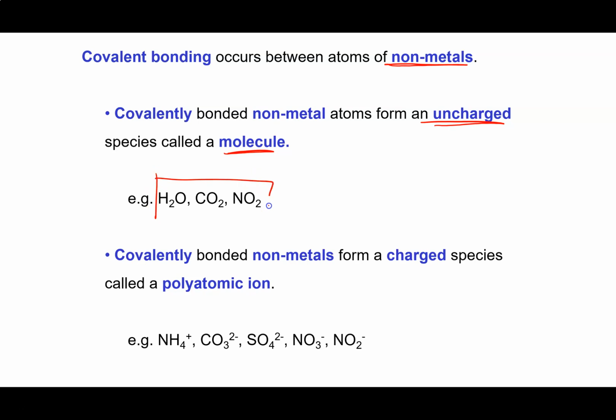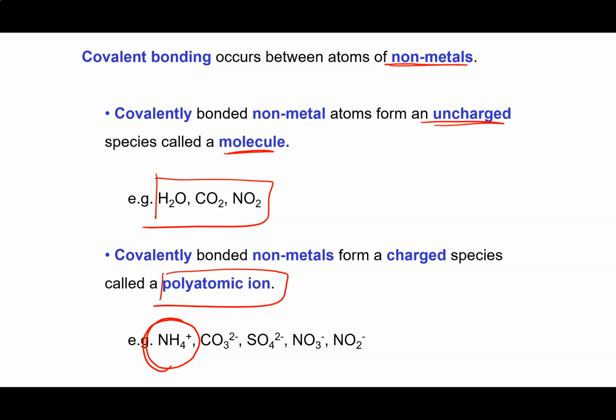Now, it also works out that when groups of atoms come together and get stuck to one another via covalent bonds, they can then go on to lose or gain some electrons and form a species called a polyatomic ion. So within the polyatomic ion, the atoms are actually held together via covalent bonding.